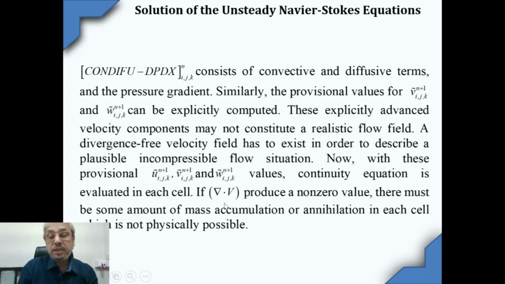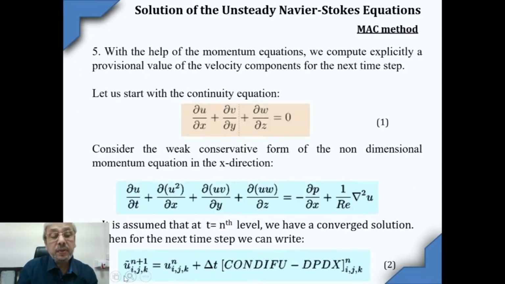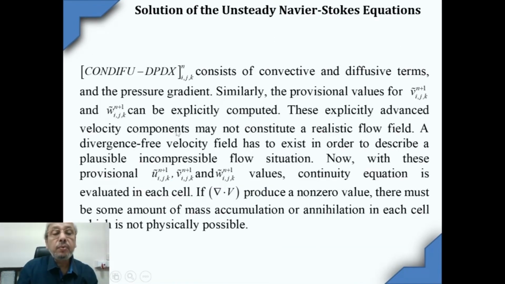This is why we are calling these velocities provisionally advanced u, provisionally advanced v or provisionally advanced w, because we do not know whether they satisfy the continuity equation. And we'll see indeed they do not. After this provisional advancement, they do not really satisfy the continuity equation.